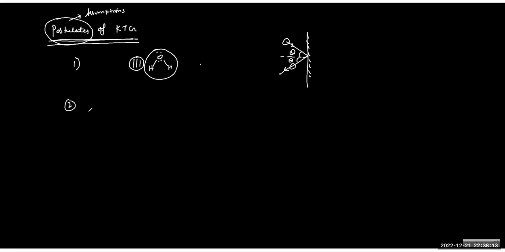The second is the volume occupied by the molecule is negligible compared to the entire container. It is like, let's say you are sitting in a room and suddenly two mosquitoes enter your room. They will not come to you and complain, see, it's a very congested room, because of you I cannot move freely.